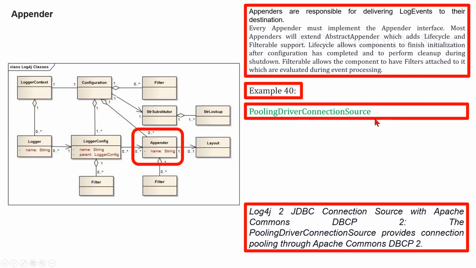Now we are considering Log4j JDBC connection source with Apache Commons DBCP2. This module adds a connection source for JDBC appenders. The pooling driver connection source provides connection pooling through Apache Commons DBCP2.